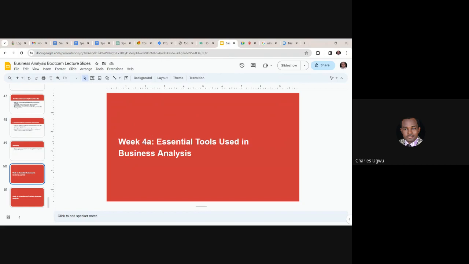And after these essential tools, it's going to be on high level as well. We're going to look at essential soft skills in business analysis. So the next item we're going to do is to look at these essential tools. Once we understand the tools we are going to use, then we are going to use these tools to perform these activities or these techniques.